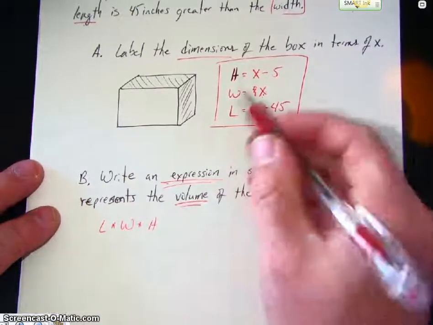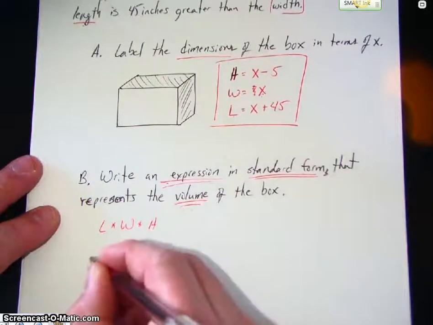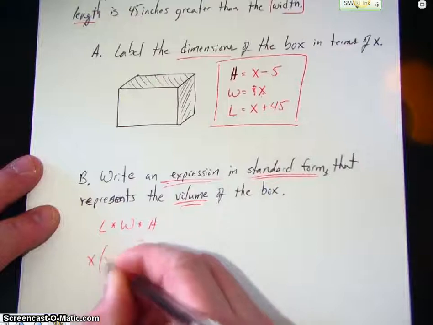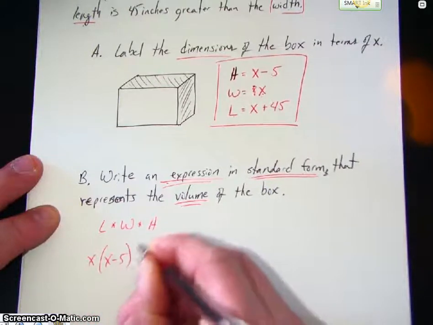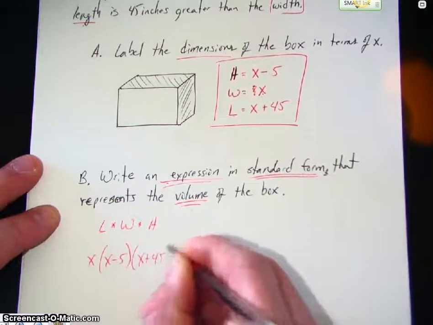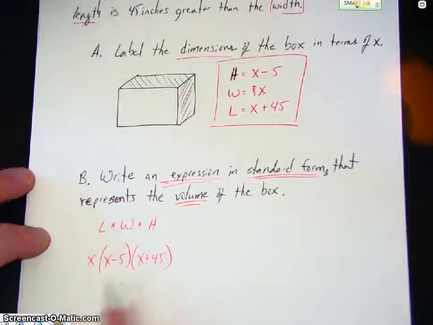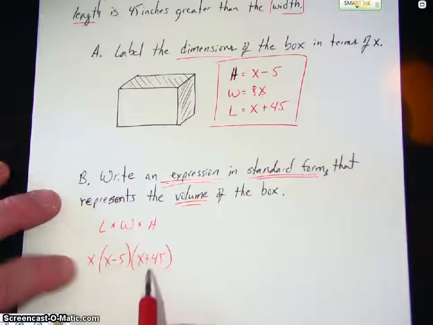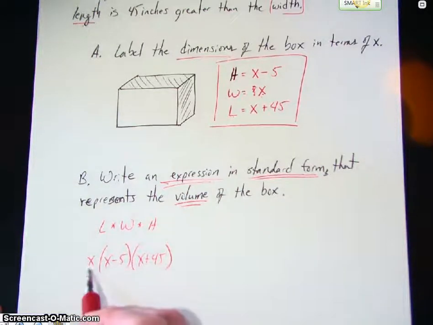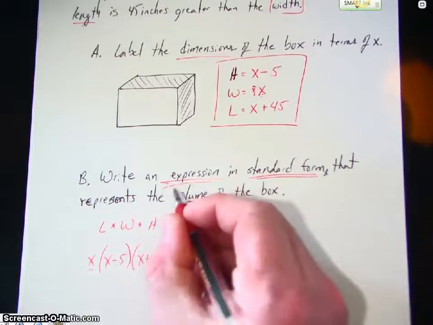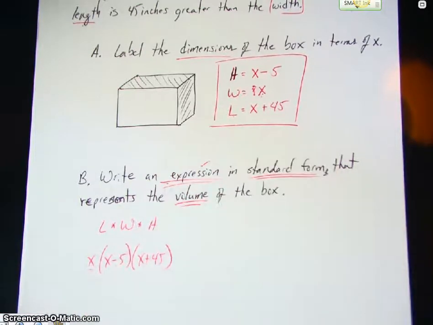Well, our length, width, and height is, we'll just go x times x minus 5 and x plus 45. Order is not important. I can go x minus 5 times x and then x plus 45. I just like to put this first. All right. That's my expression. That part's done. And the volume is done because I'm multiplying them.